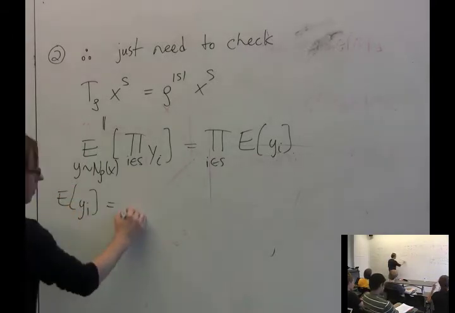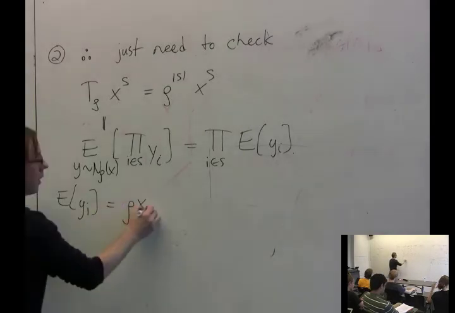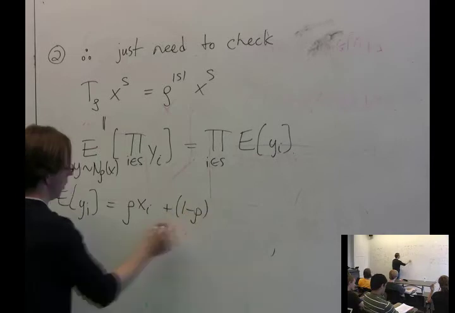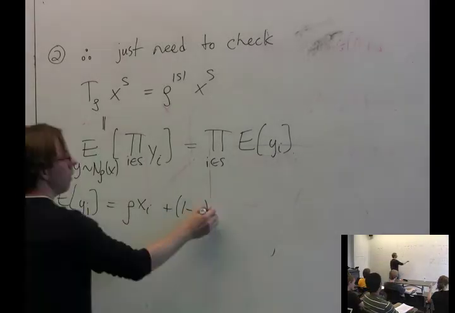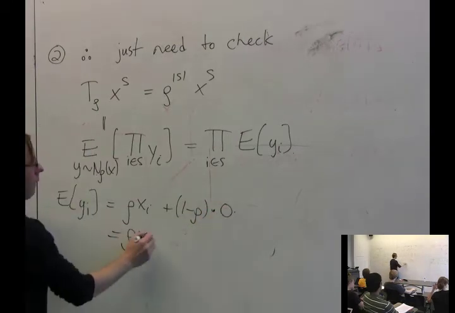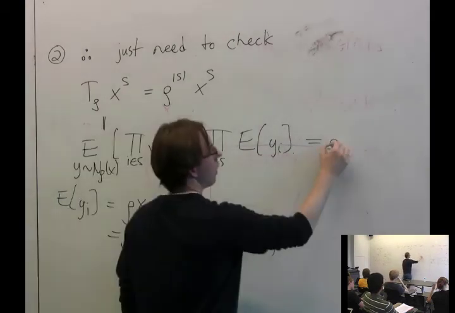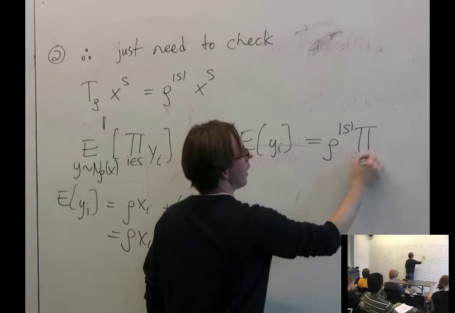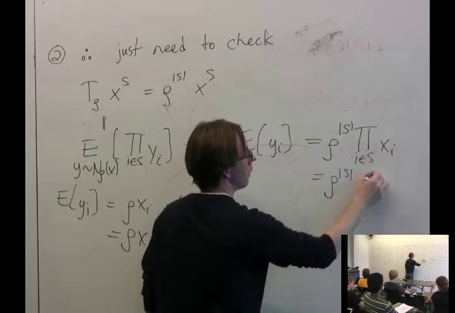Well, we know with probability rho, yi is set to xi, and with probability 1 minus rho, yi is a random bit, which has expectation 0. So this is just rho times xi. And so you'll get cardinality of s copies of rho, and then the product over i in s of xi, which is this.